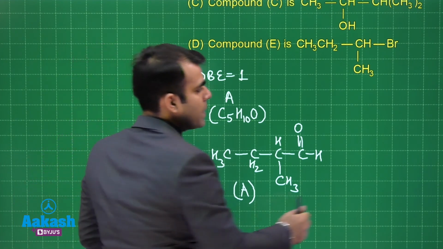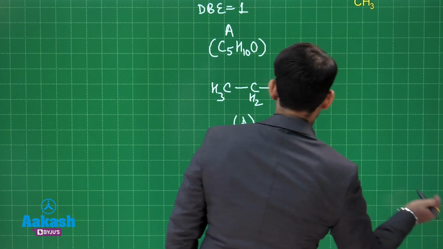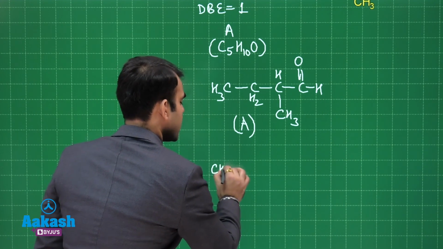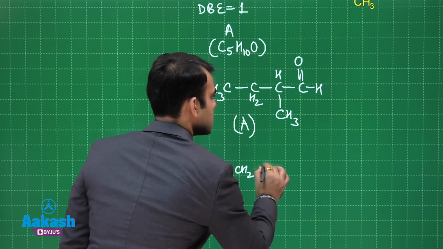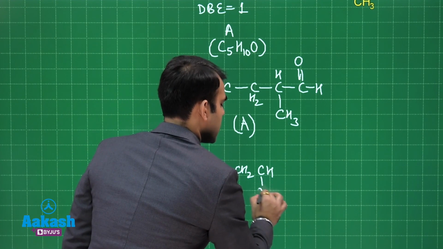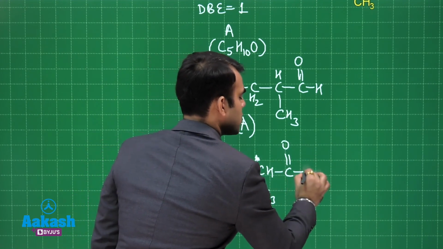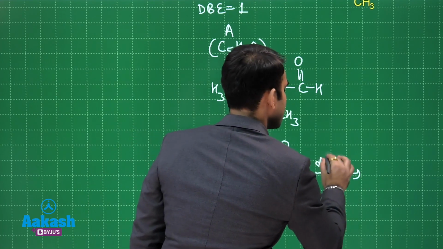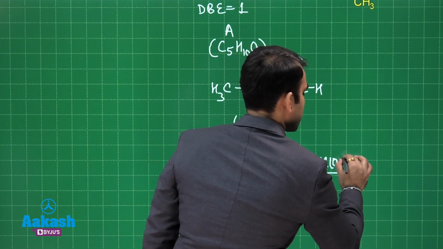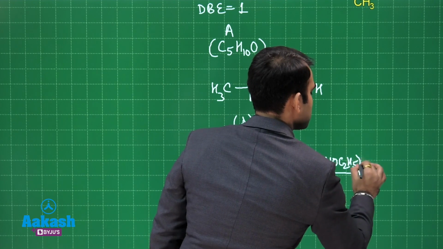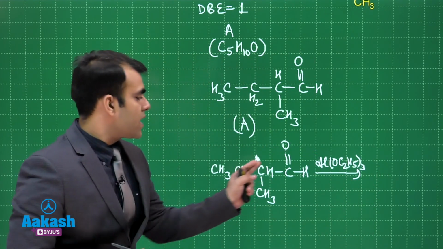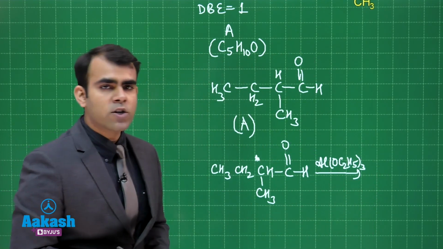Now this A is basically CH3, CH2, CH, CHO, and this is the chiral center. CHO is reacting with aluminium oxide, and after reaction it undergoes the Tishchenko reaction.